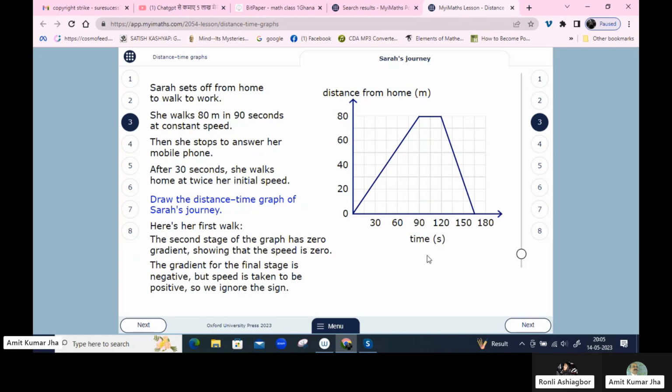Now tell me, have you understood this graph? Then only can you do the rest of the question. Have you understood this graph? Yes. How she moves, where she stops, for how long, and how we can represent it on a graph.